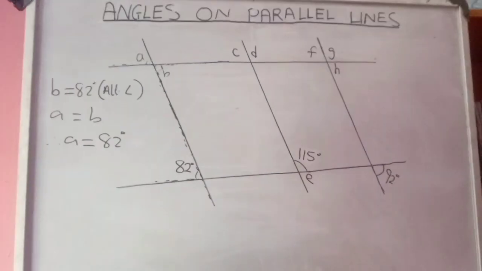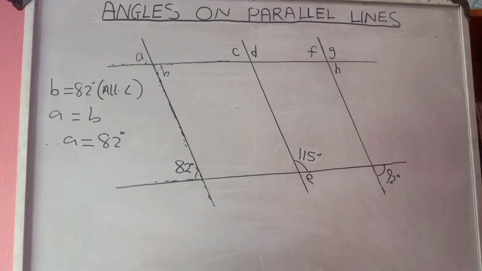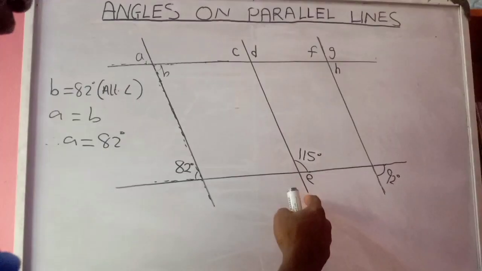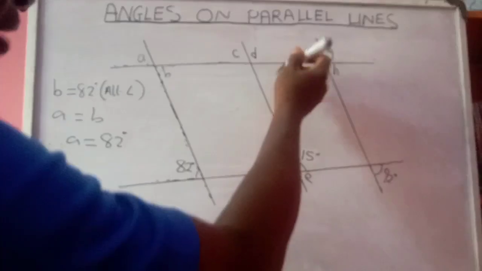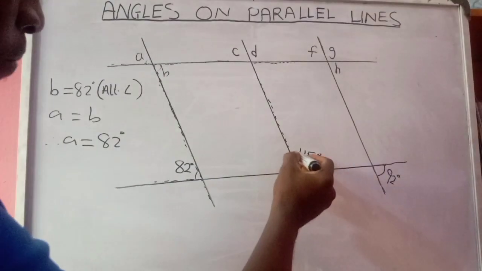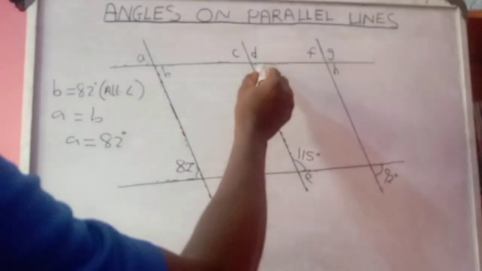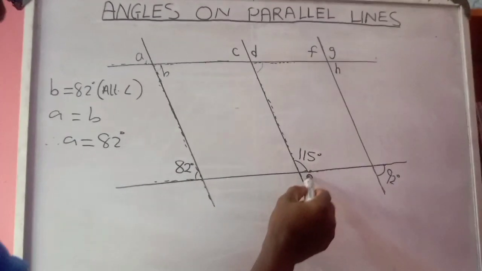So that is the answer to this particular question for the first transversal line. Now let's move to the second transversal line. Which one can we locate the answer easily? From this transversal line, if we get our popular F, out of this, you find out that we have below F.